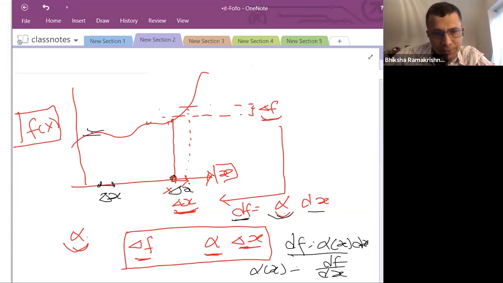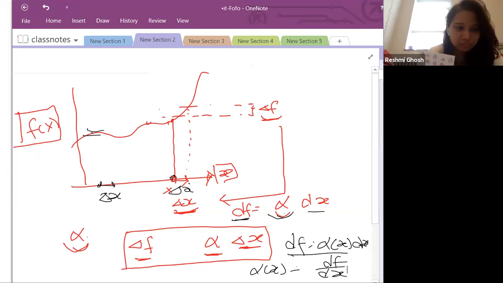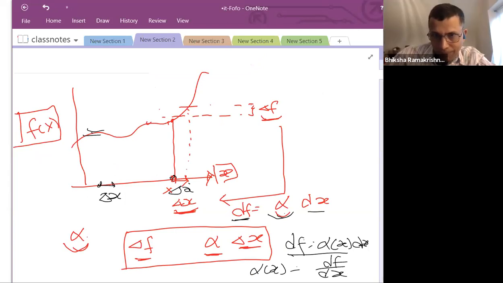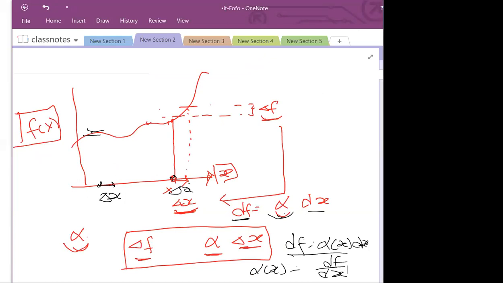Anyone? Any guesses? Someone on the chat says the derivative would be a vector. Why? Well, because you have a coefficient for each input, right?